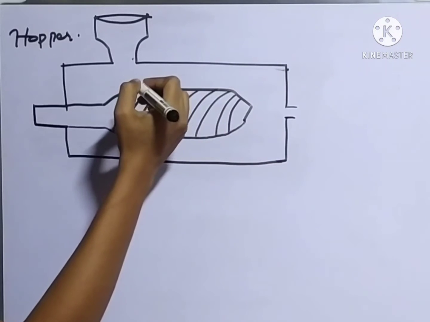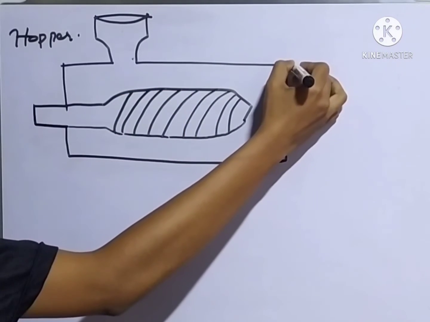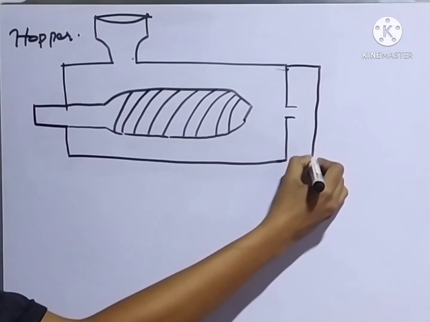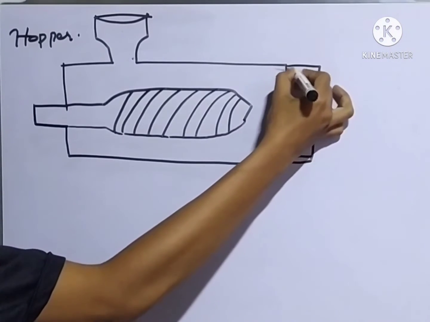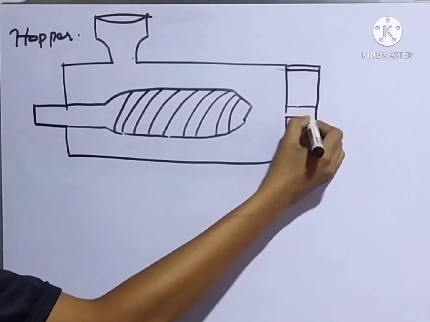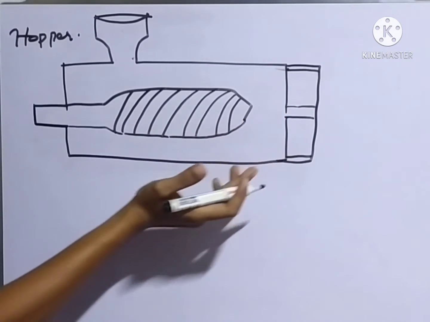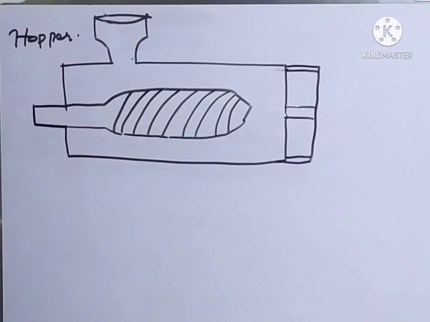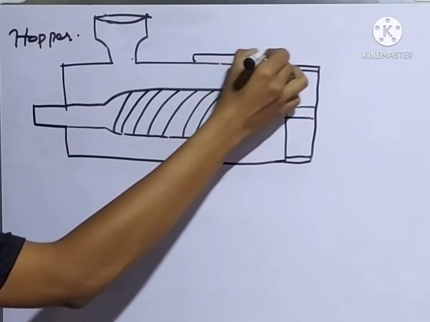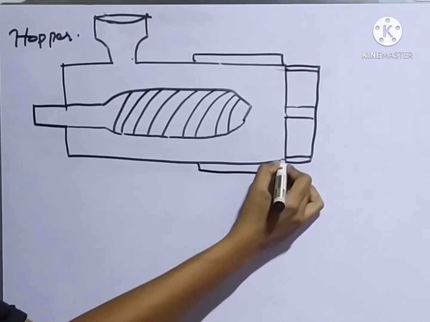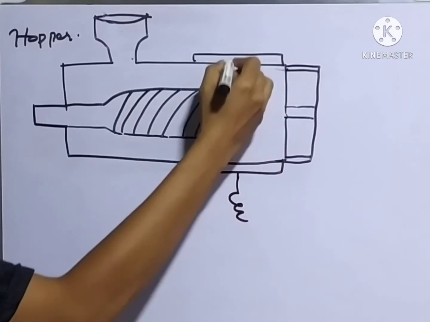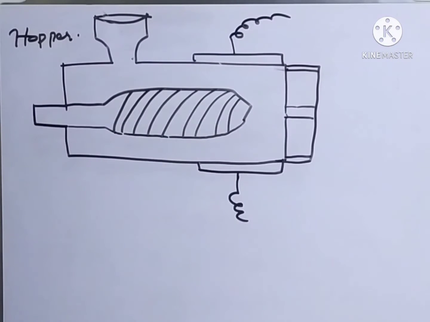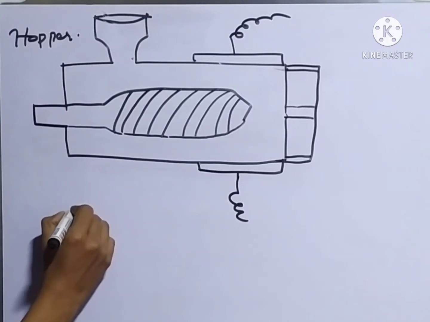And the next end is attached to a die assembly. The die is a hollow form that the molten plastic is pulled through. Okay. And this cylinder is connected with an electric heater for constant heating, and we can divide the instrument into 3 different zones.